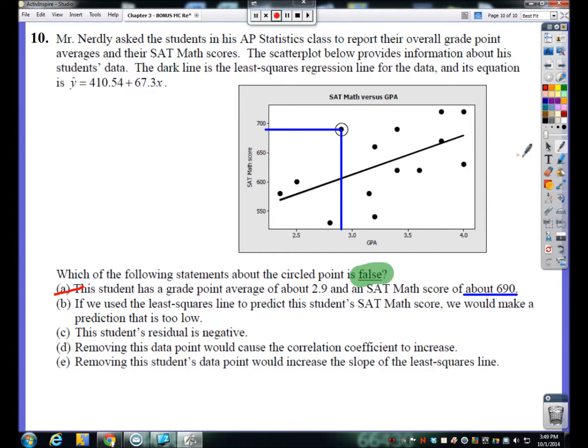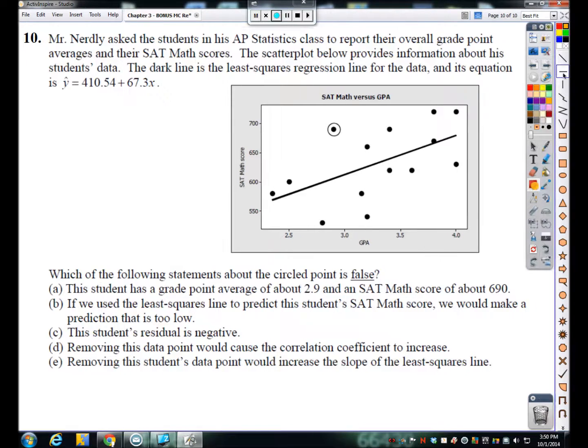If we used the least squared regression line to predict this student's SAT math score, we would make a prediction that is too low. Well, where was the student's actual SAT math score? It was, in a different color here, about that 690 mark, right?